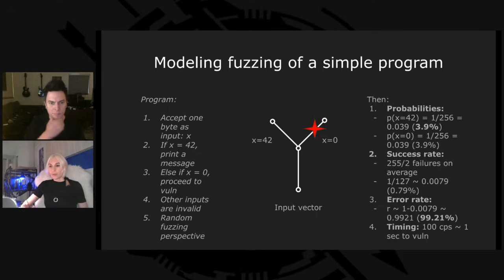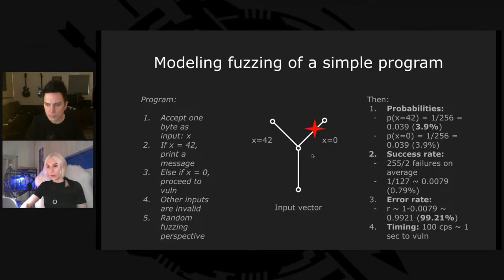We can imagine that if you do it many times, the number of tries will average out, and we can say that the fuzzer will need to run about 127 times before it finally finds the correct value here, which means that the fuzzer success rate is less than 1%. Here is the calculation. It's specifically 0.79.